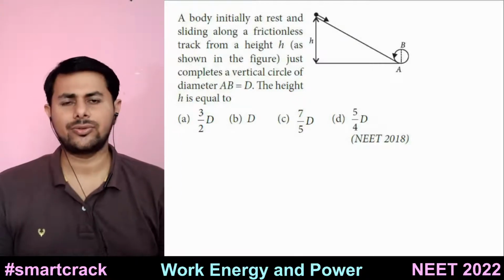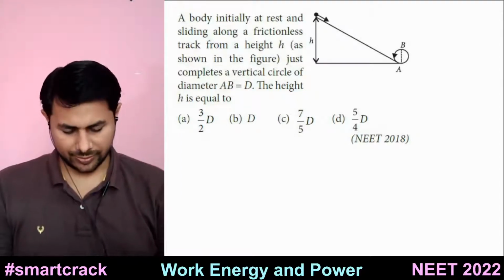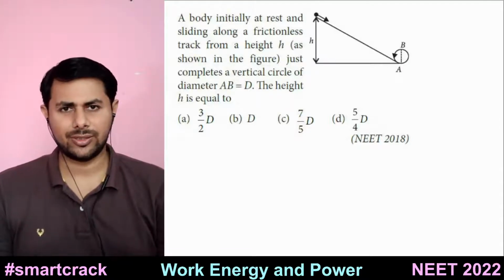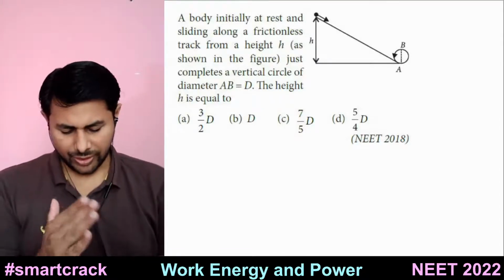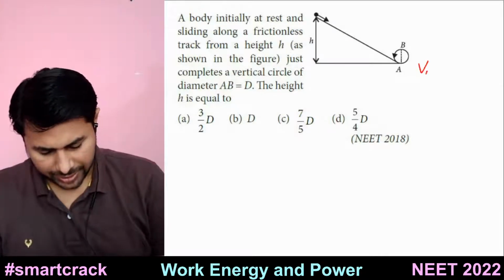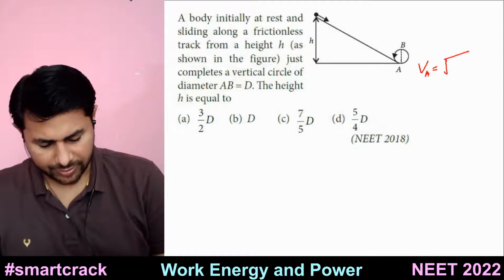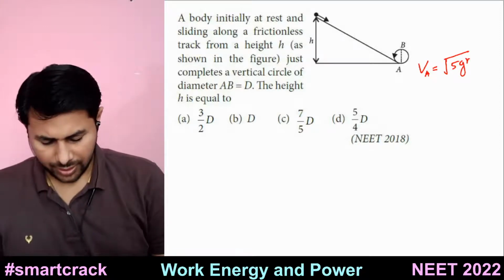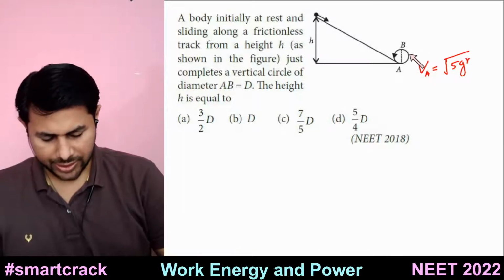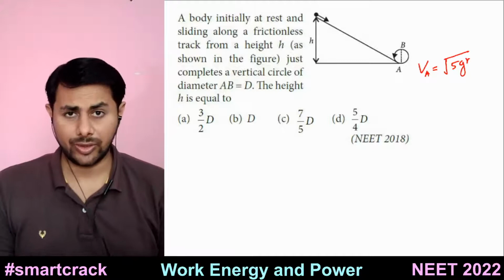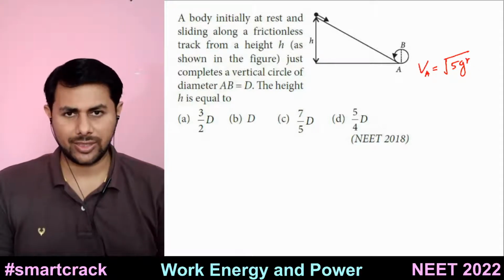For vertical circular motion, the velocity at this point A at the bottom must be at least the minimum velocity, which is square root of 5gr. In order to move in this vertical circle, it should at least achieve this much velocity, square root of 5gr.